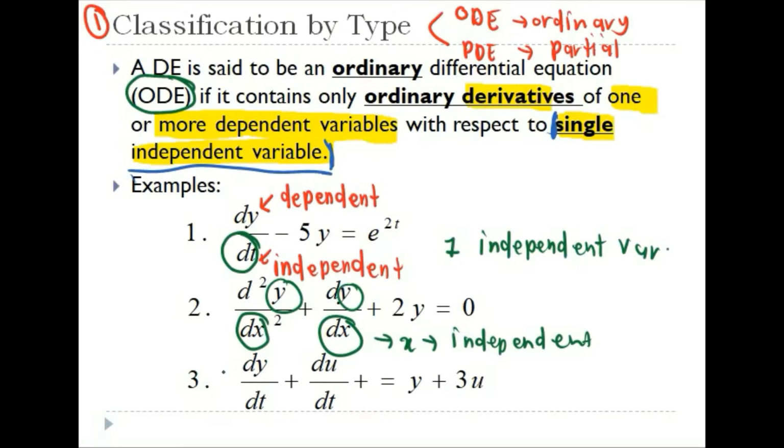How about the third example? Also one independent variable, which is t, but this time we have two dependent variables, y and u. So I repeat again that an ODE must only have one independent variable regardless of how many dependent variables you have.